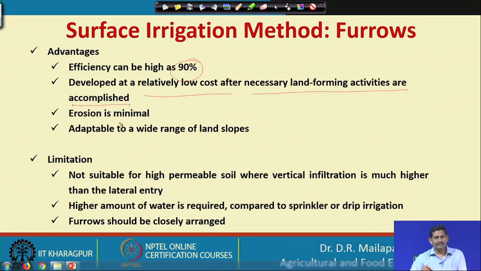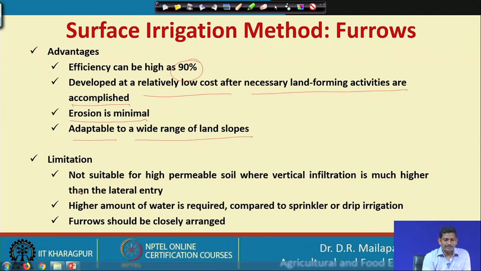Once everything is done, the maintenance cost will be less, and erosion is minimal because the flow is concentrated in the channels. They are adaptable to a wide range of land slopes compared to borders and basins.